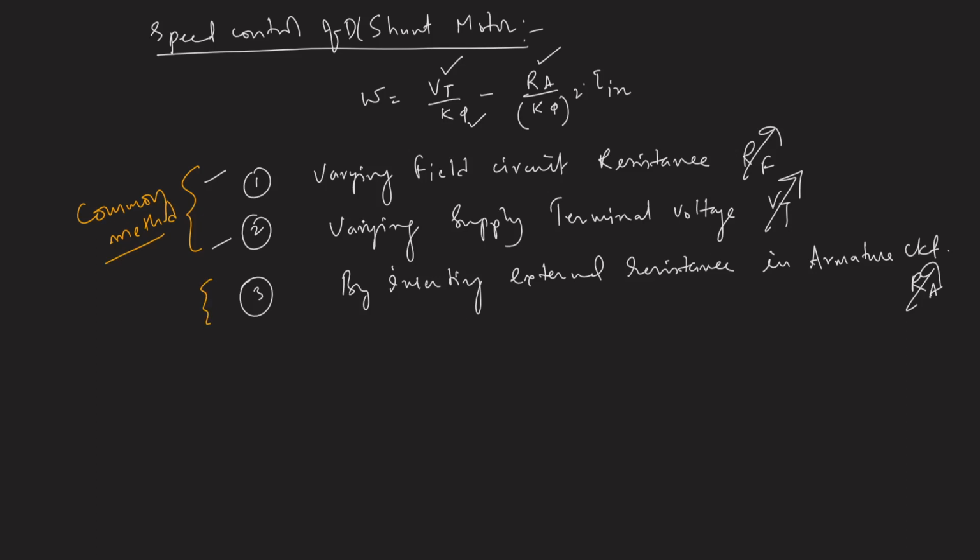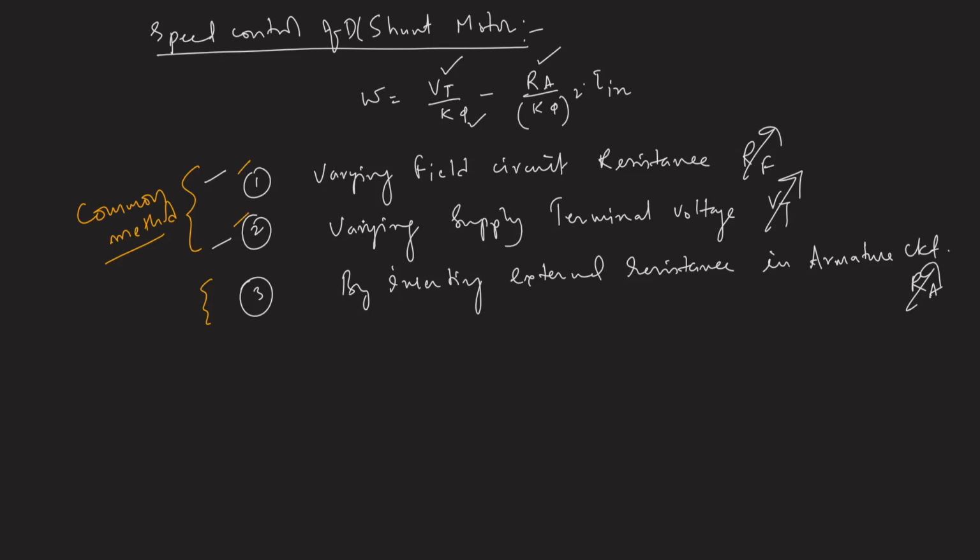Wherever there is a small machine, so we don't bother about the efficiency of the machine, then they go for the third method. But in general, for machines with moderate size and higher size, they go for the first and second method, right?